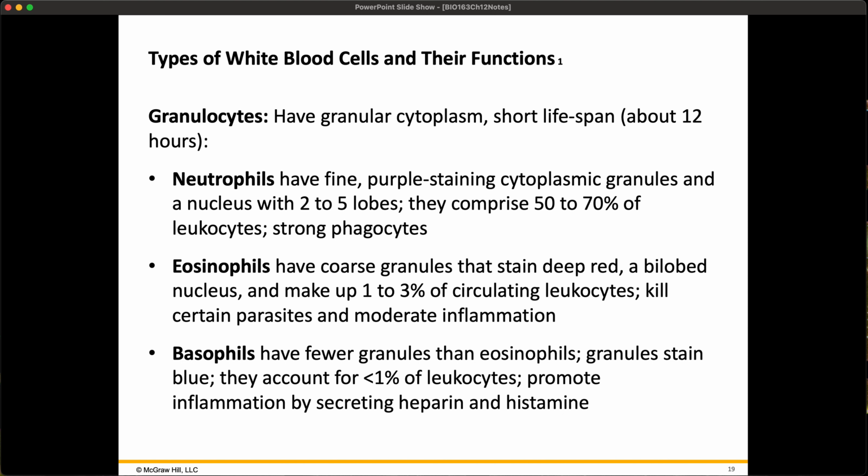Histamines are there as an allergic reaction to help increase fluid movement, so that you can get other nutrients, other leukocytes, other healing components that might be needed to an area. When you're taking antihistamines, you're counteracting this basophil's job. So that's why we always say, unless it's really disruptive for you, try to allow your body to go through its normal processes, unless it starts to become excessive, right?